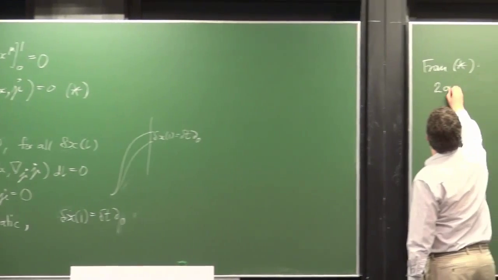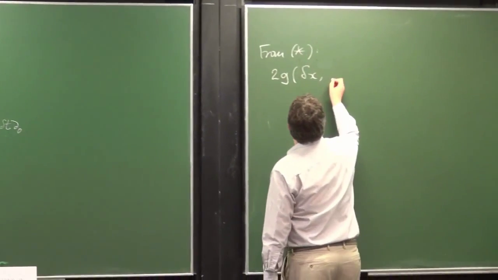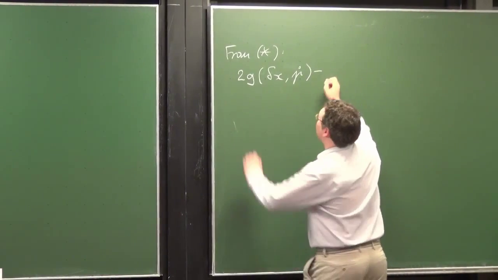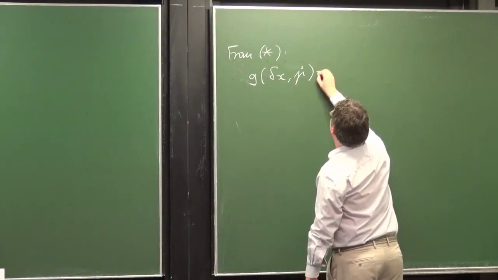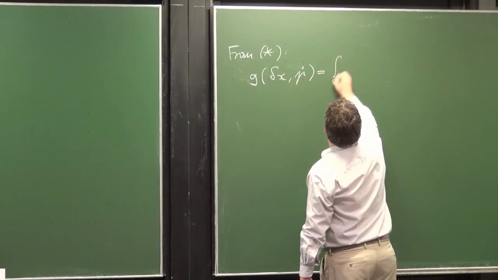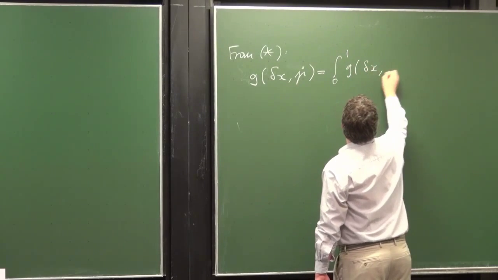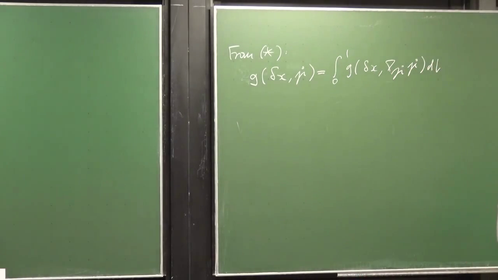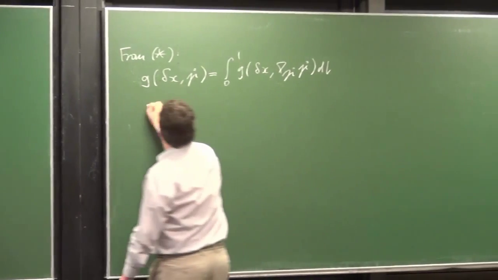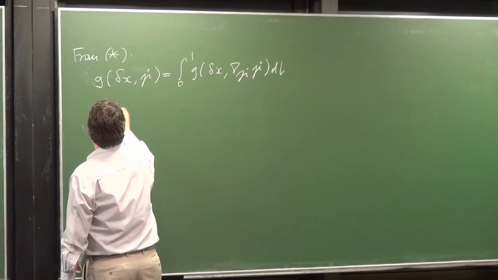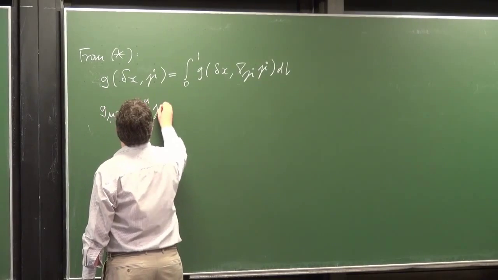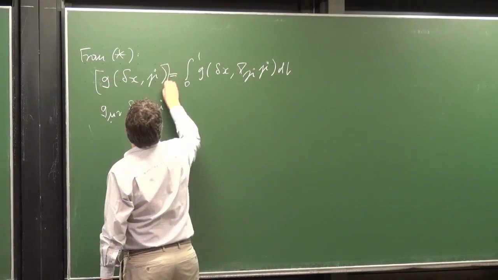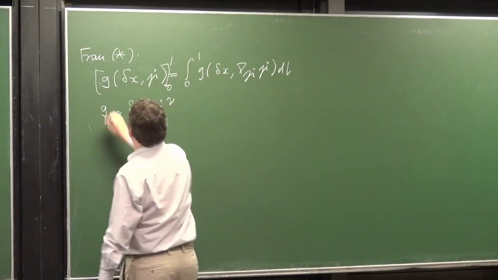So let me write it down. So I cancel the 2's, of course it doesn't really matter, or let's write it like this. Okay, so writing this in components gives you g_{μν} δx^μ γ̇^ν, evaluated for 0 and 1.